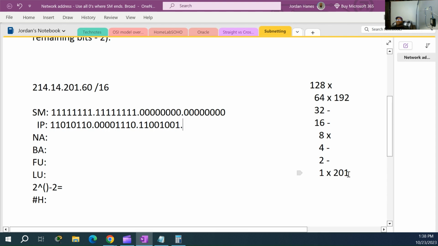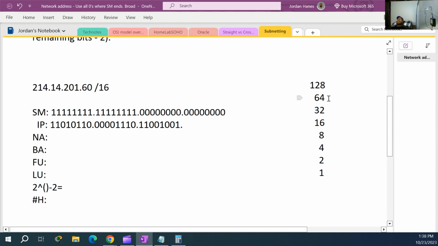And the last one we have here is 60. I'm going to write 60 next for the binary representation. And by the way, each octet in binary is the equivalent of 255, so all these digits here add up to 255.